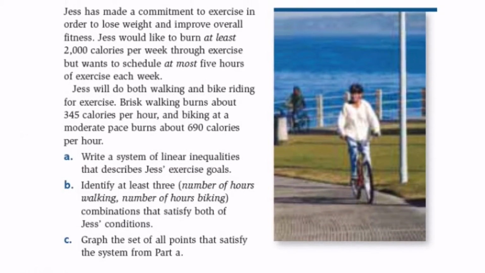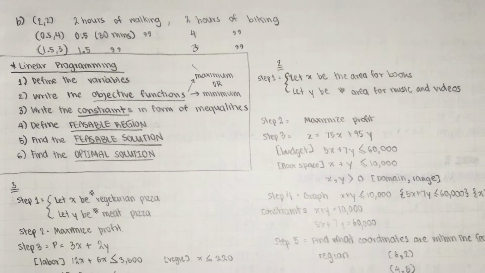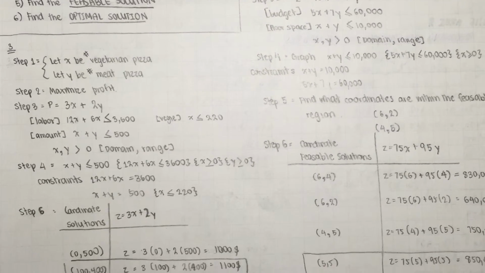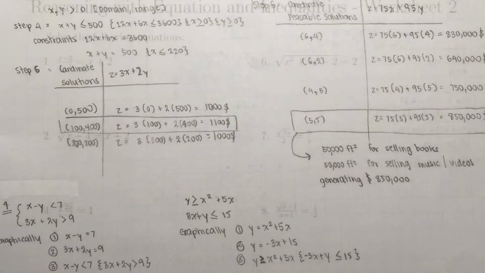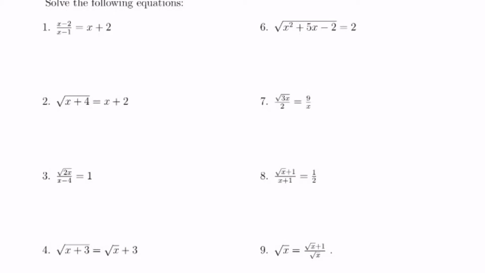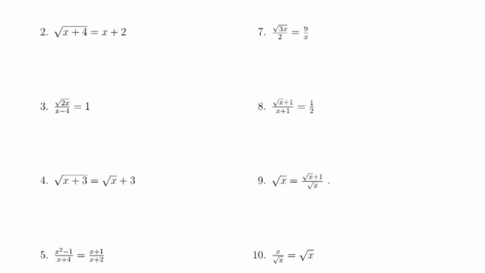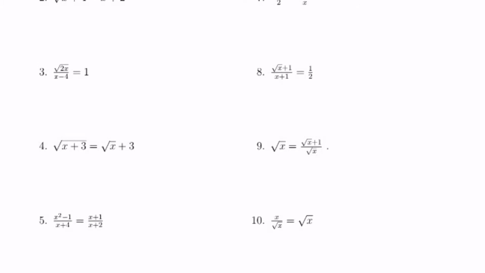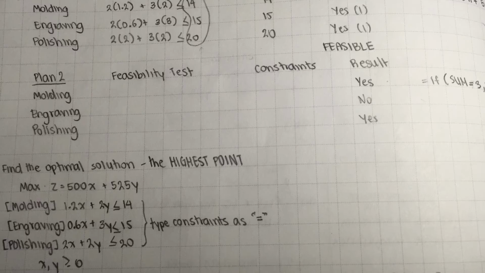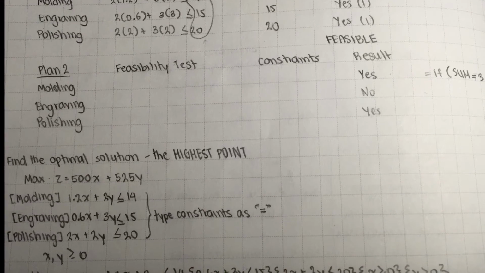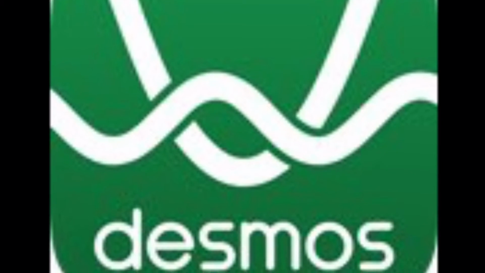The steps of this standard are based on linear programming: first define the variables, then write the objective function, whether it's a maximum or minimum, write the constraints in the form of inequalities, define the feasible region, find the feasible solutions, and then find the optimal solution. Another tool that could help you greatly in this standard is Desmos.